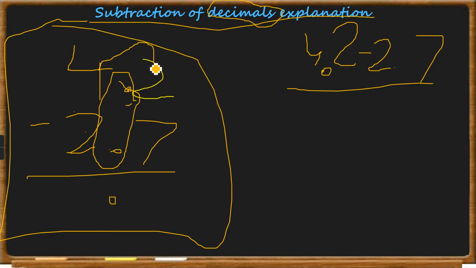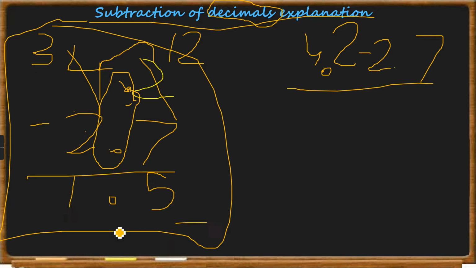Take a borrow from here, then it will become a 12. Then 12 minus 6 is 6. So 7 is left, and counting down 11, 10, 9, 8, 7, 6, 5, 5 is left. And here it became 3, it's not 4 anymore.